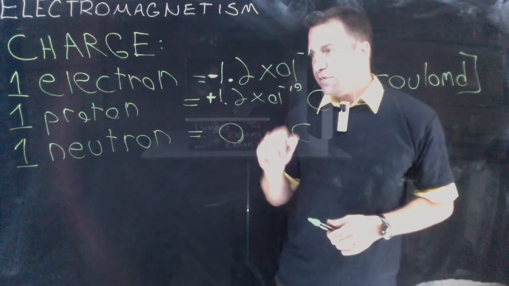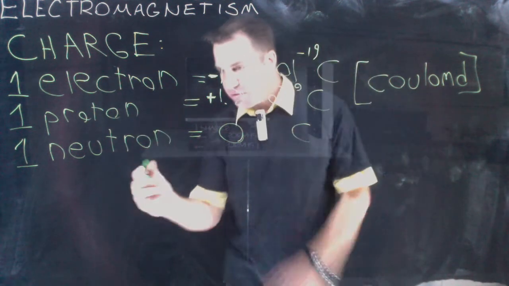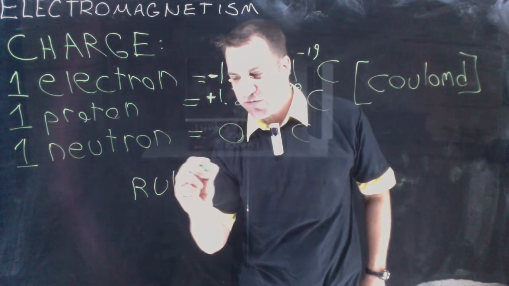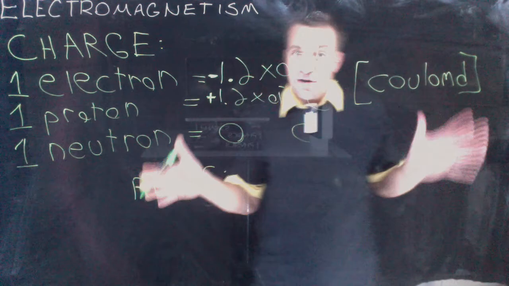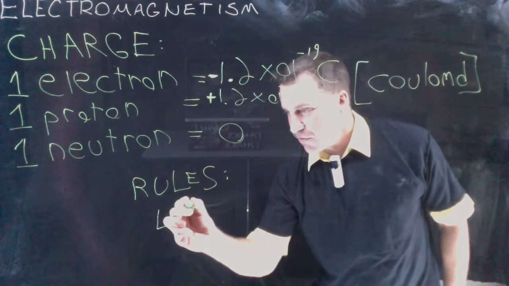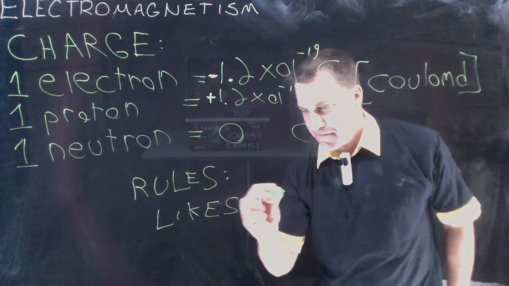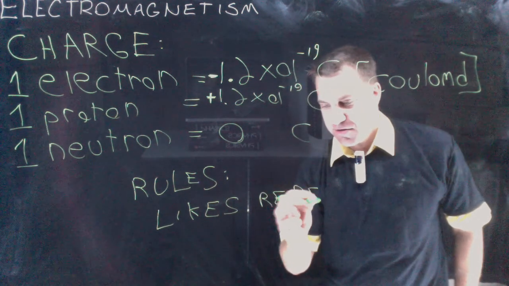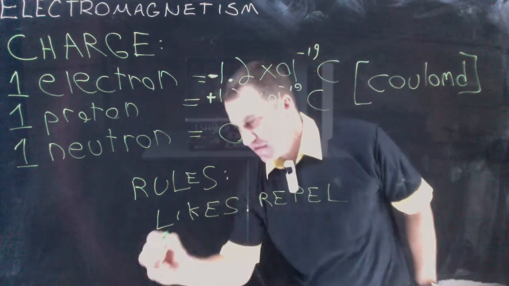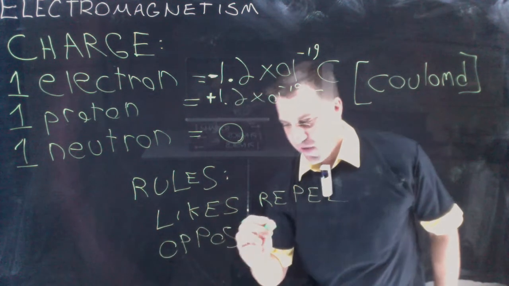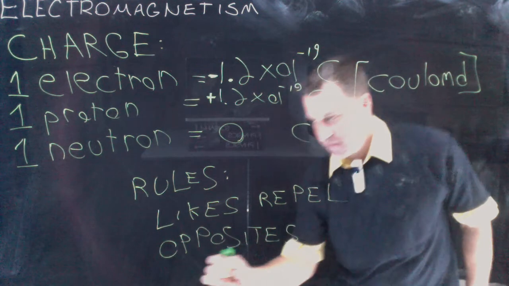So the rules for charges are the following, and it's really easy to remember because we all know likes repel, right? Likes repel, and opposites, come on, fill in the blank. Opposites attract.